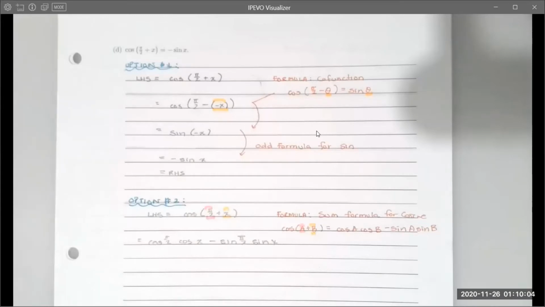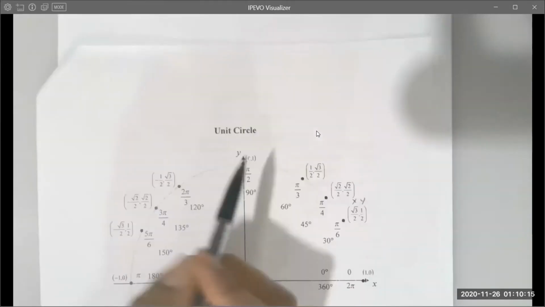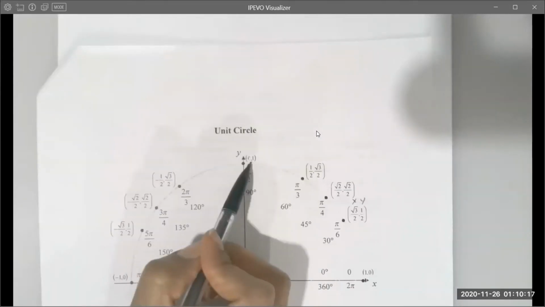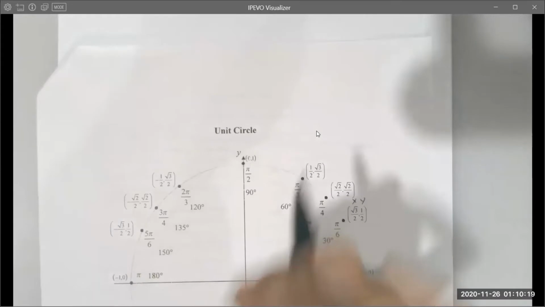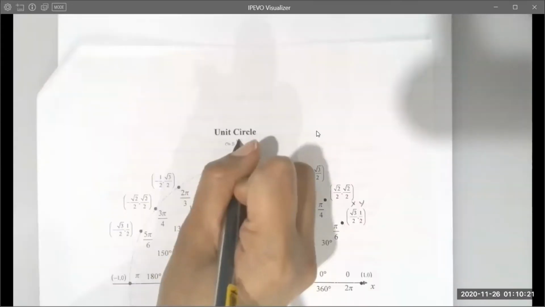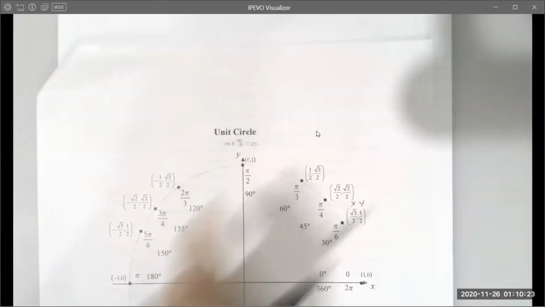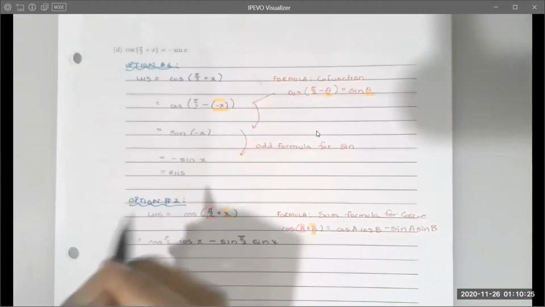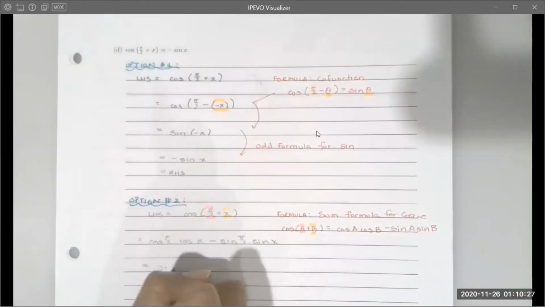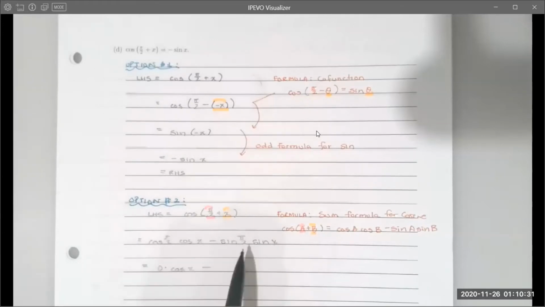All right, so now we can simplify the cosine of pi over 2 because that's something that's on the unit circle. If we take a look at the unit circle, at pi over 2 we have a point of (0, 1). So cosine of pi over 2 is 0. So this is going to be 0 times cosine of x, and then minus sine of pi over 2.